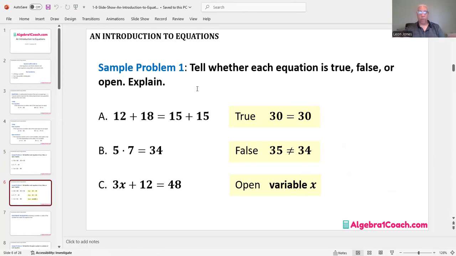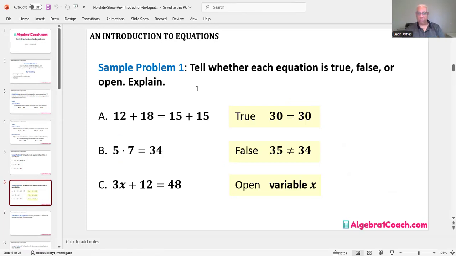Now, let me give you a real explanation here. Remember the rule on both sides of the equation: the values can be different, but if the answers are equal on both sides of the equal sign, the answer is true. You also have a false answer.